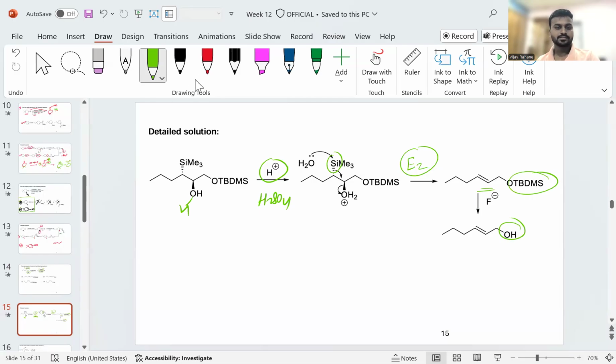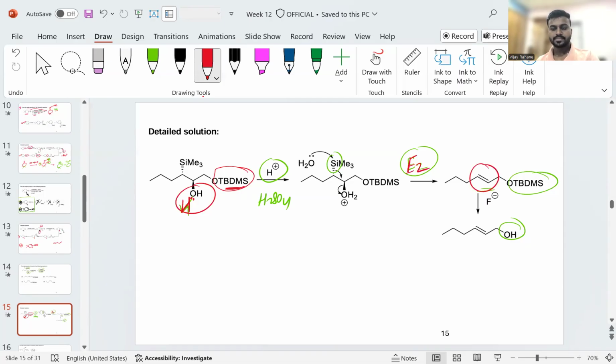So here are the three important steps. The first is protonation of the hydroxy group. The OTBDMS does not get protonated because of the bulkier TBDMS group. So this hydroxy group gets protonated, and the water attacks on the SiMe3 and it takes the E2 elimination reaction in a concerted manner.